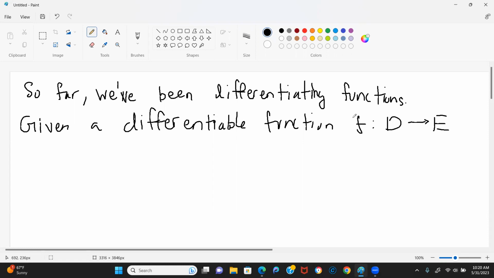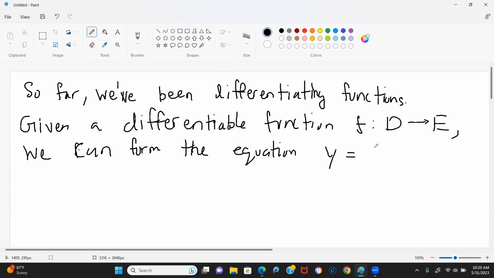So given some differentiable function f, or just given any function actually, we can form the equation y is equal to f of x. And this is how we graph equations.